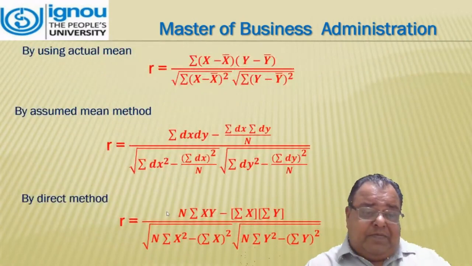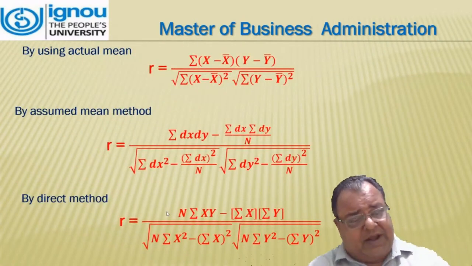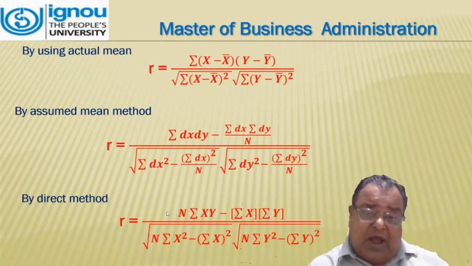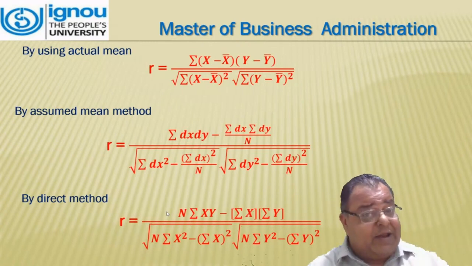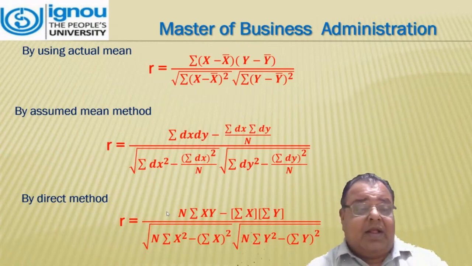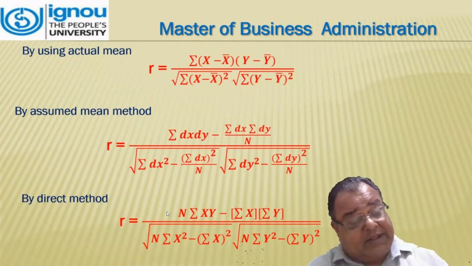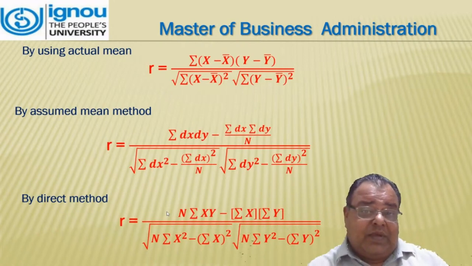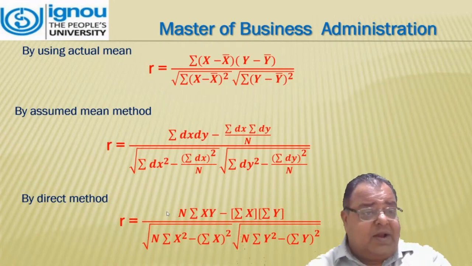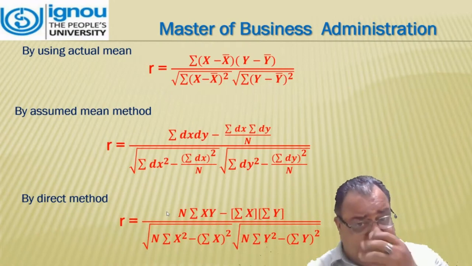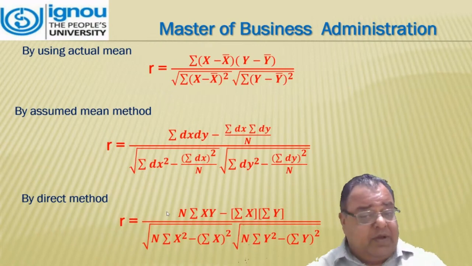Now, there are three methods of calculating R. This depends upon our judgment and the numerical values given in the problem. Depending upon the problem given and the data, we have to apply the formula. If we talk in terms of actual mean, this time we won't be using standard deviation.